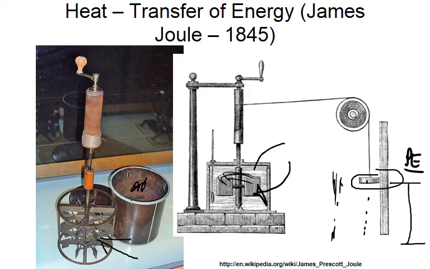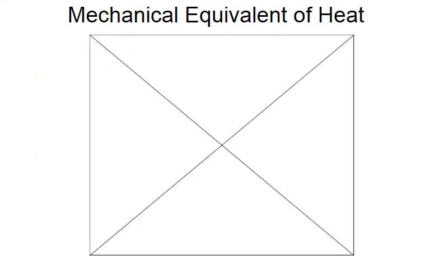And then what you can do is you can say, okay, we had a certain amount of potential energy, and we did this multiple times. We can get the total potential energy that we used, and then we can look at how much the water temperature increased, and then compare the two, and then we can find the mechanical equivalent of heat.